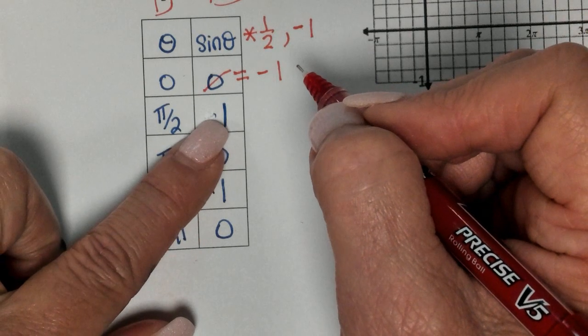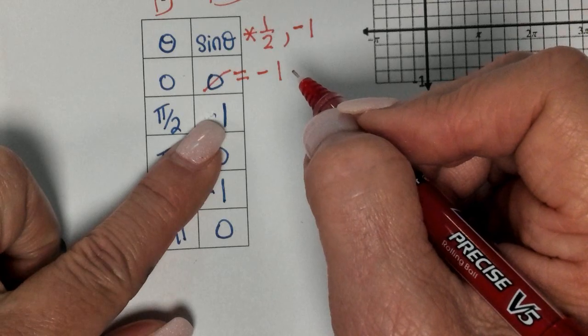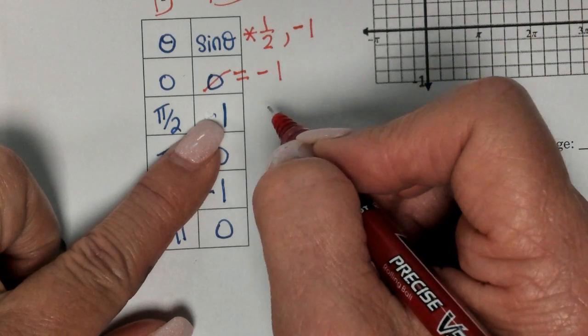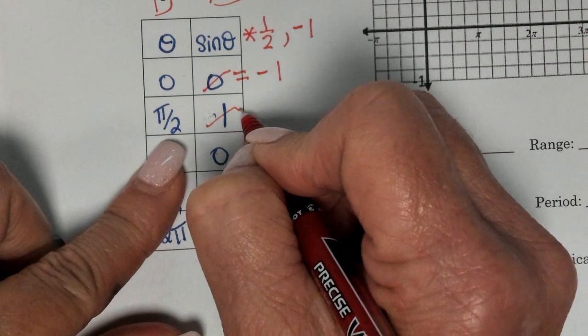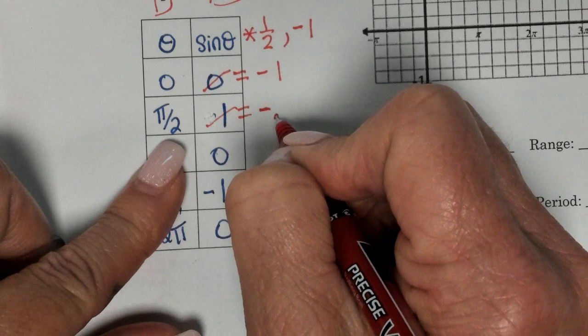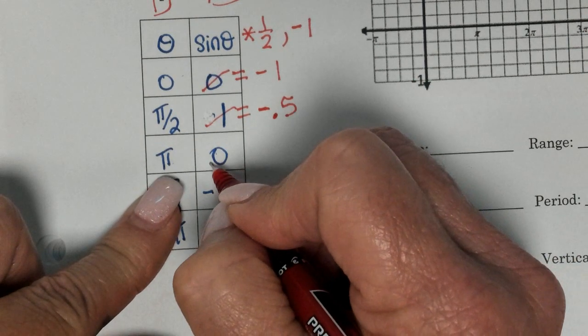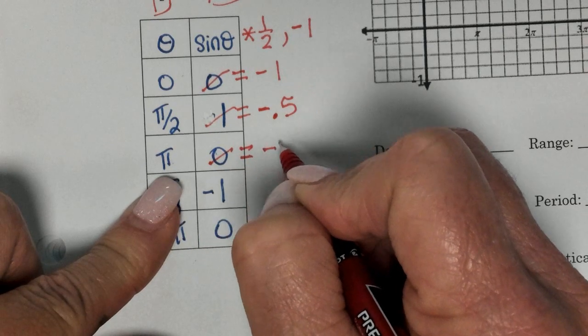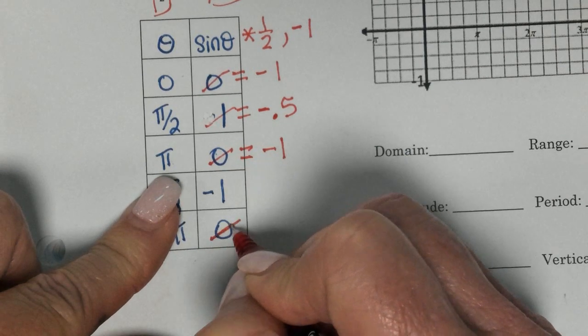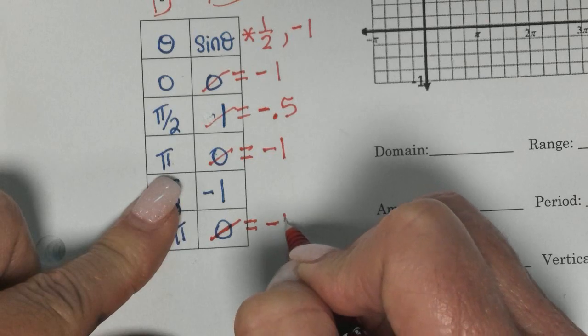Half of 1 is 1/2, and take 1 away from 1/2, and you've got -1/2, or -0.5. 0 repeats, so the last 0 will be the same.